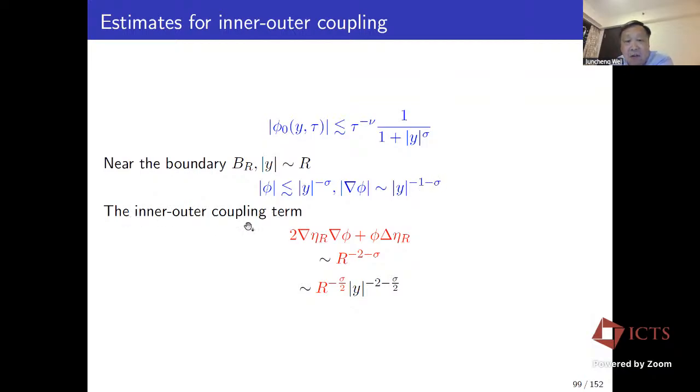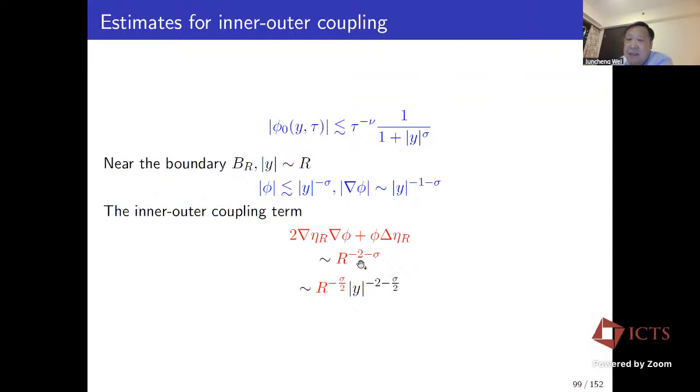So the inner outer coupling term, this one is like r to the minus 1, so this is r to the minus 1 minus sigma. So you get r to the minus 2 minus sigma. So this term will decay like r y to the minus 2 minus sigma.